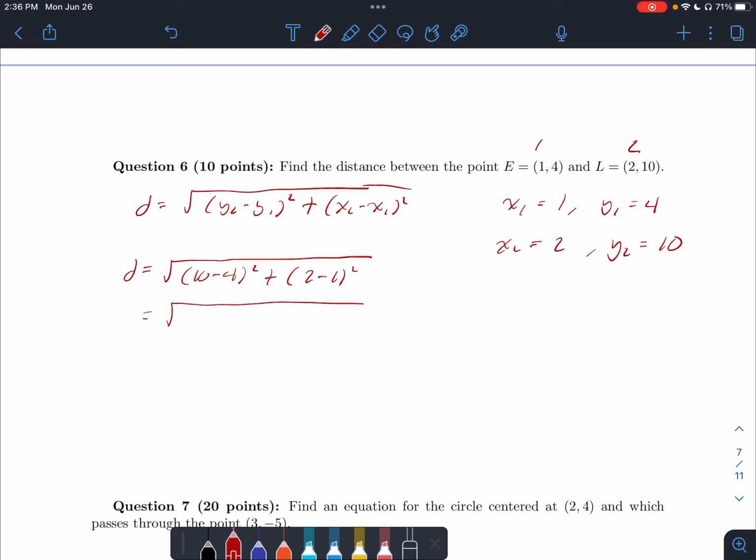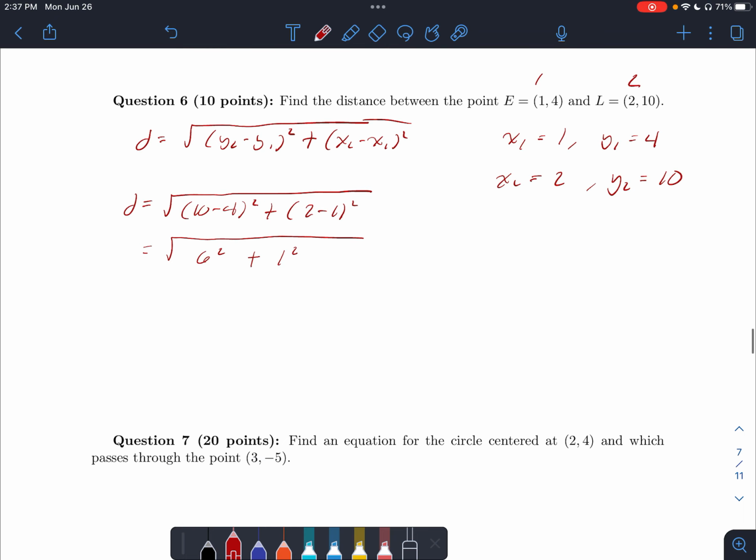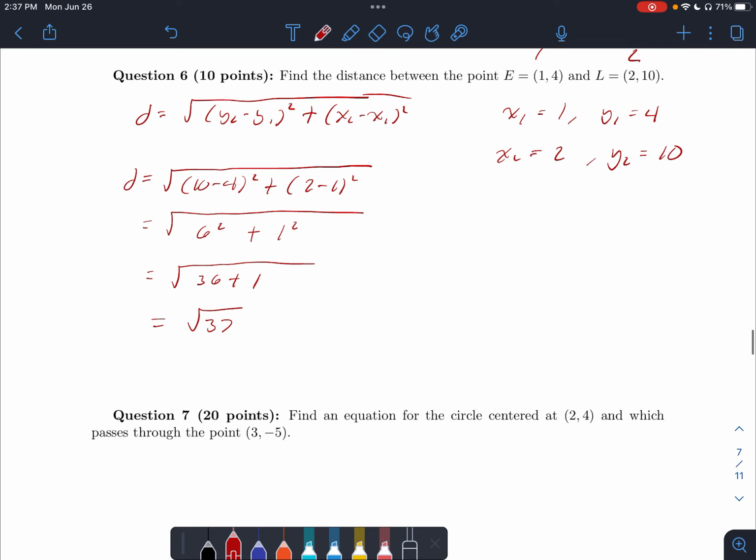Or we'll have the square root of 6 squared plus 1 squared, or the square root of 36 plus 1, or the square root of 37. So we know the distance between these 2 points is the square root of 37.